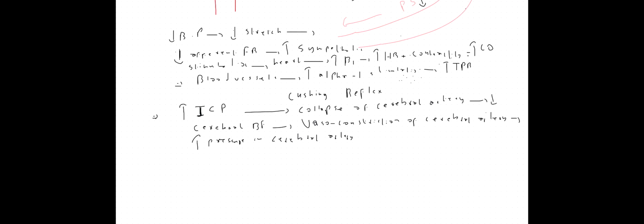Now, can anybody tell me how I achieved the vasoconstriction of cerebral artery? The way I achieve it is by increasing sympathetic stimulation of the body. If I increase the sympathetic stimulation within the body, it will not only cause vasoconstriction of cerebral arteries, but also vasoconstriction of your aorta.